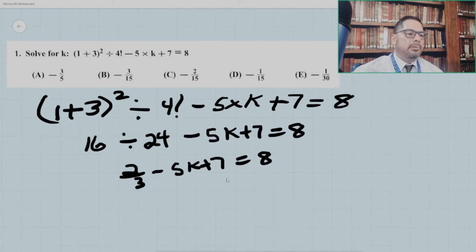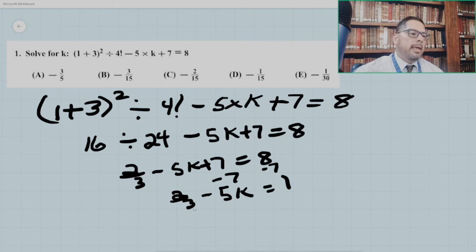Let's go ahead and subtract 7 from both sides. So 2/3 minus 5k is equal to 1. Subtract 2/3 from both sides, and a negative 5k is equal to 1/3. 1 minus 2/3 is 1/3.